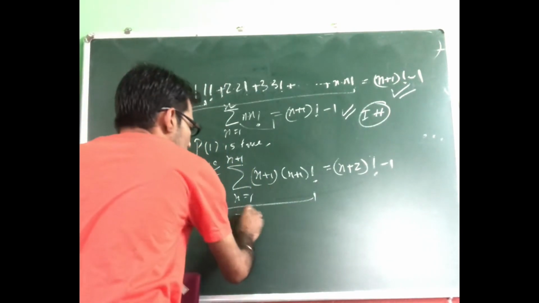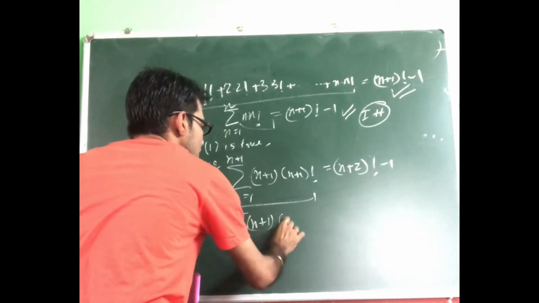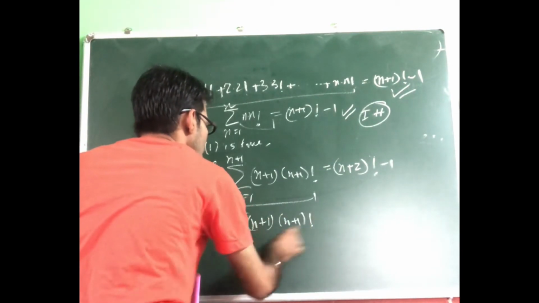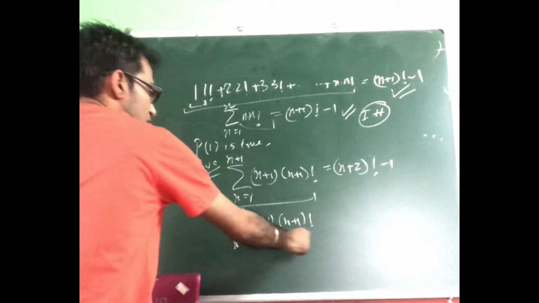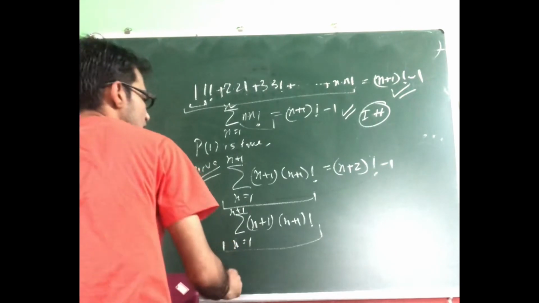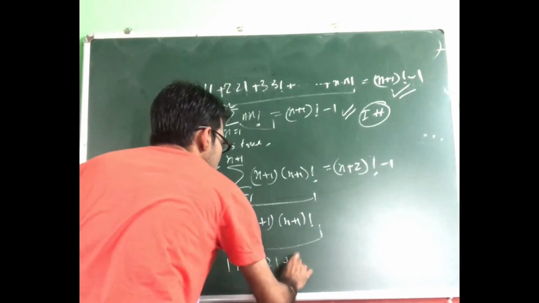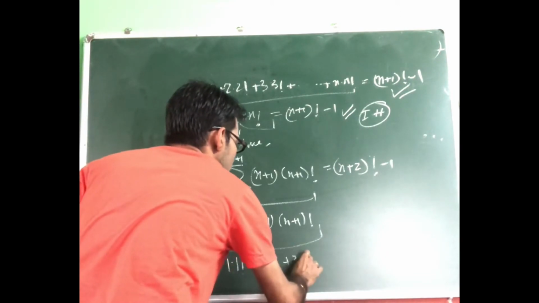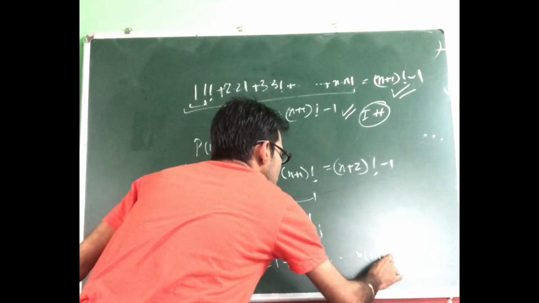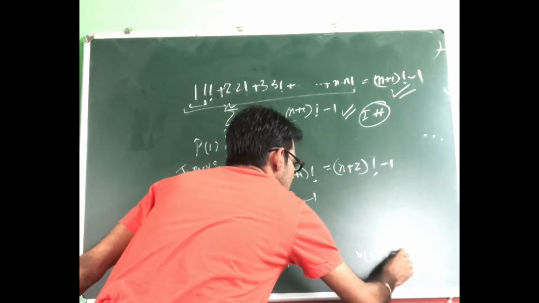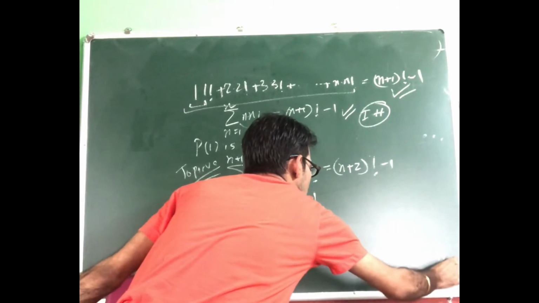On the left hand side, I have the summation of n into n factorial, where n goes from 1 to n plus 1. What basically this whole thing is, is 1 into 1 factorial plus 2 into 2 factorial plus 3 into 3 factorial, all the way to n into n factorial, and then another n plus 1 into n plus 1 factorial.